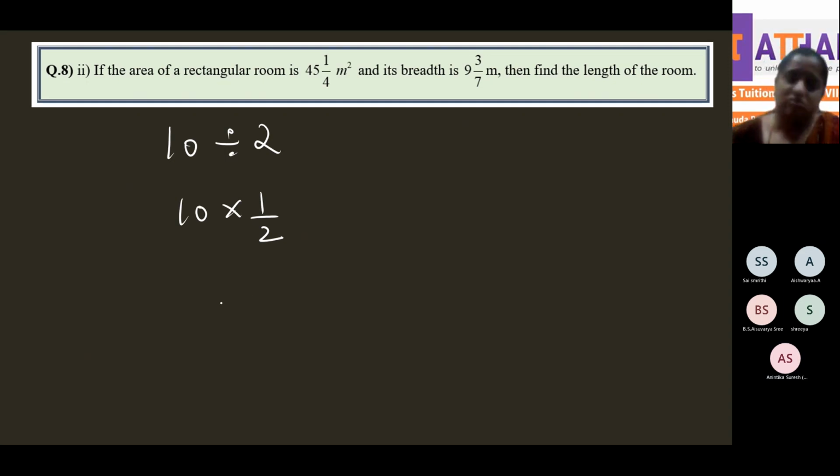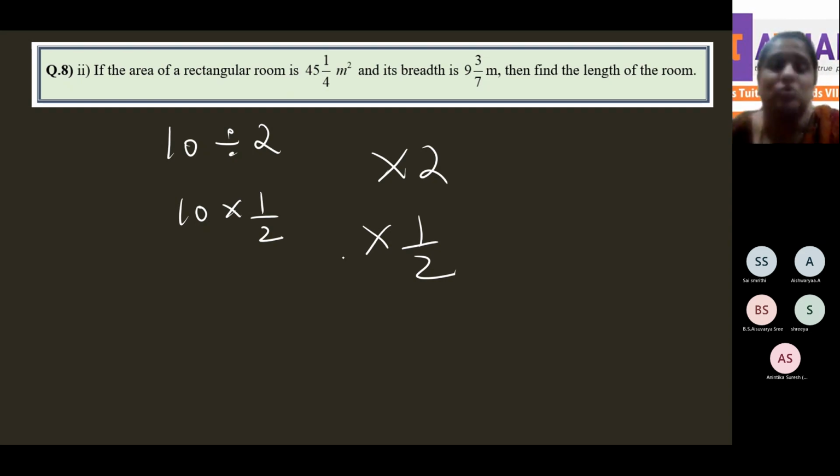When you multiply by half, it means you are dividing by 2.